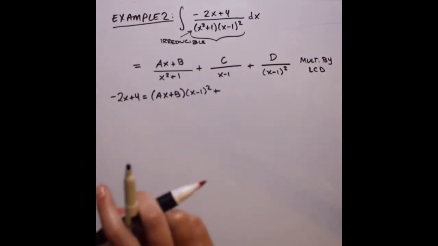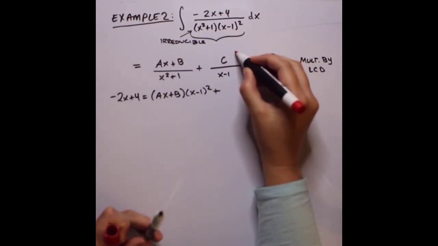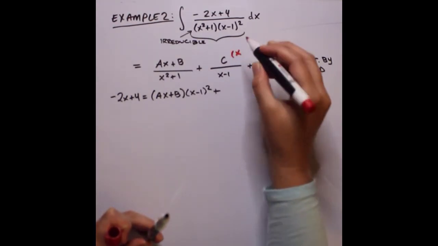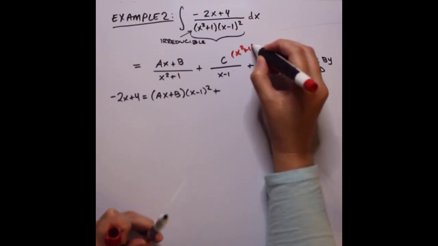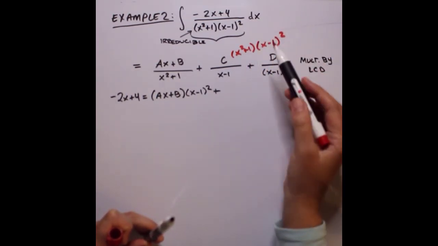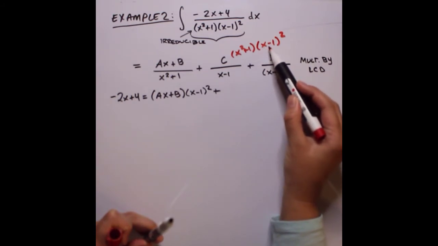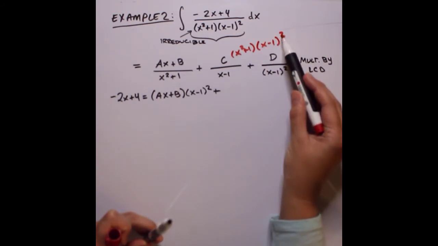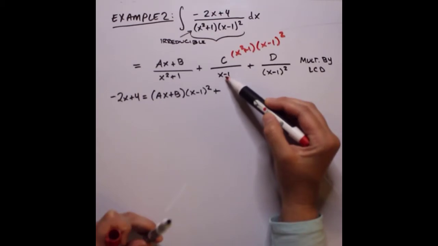When I multiply this term by the LCD of x squared plus 1 times x minus 1 quantity squared, one of the x minus 1 factors that's being squared is going to divide with one of these.